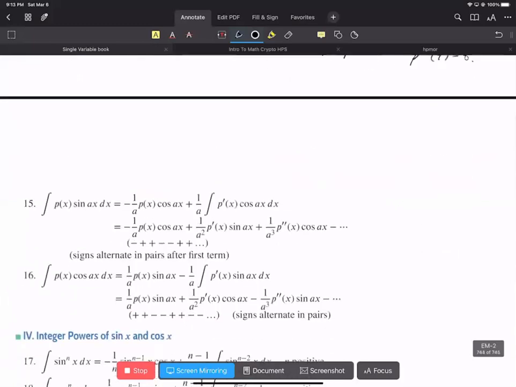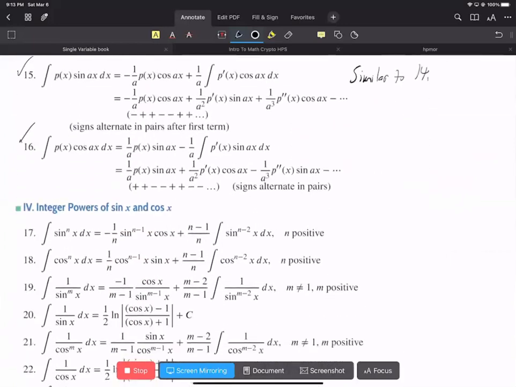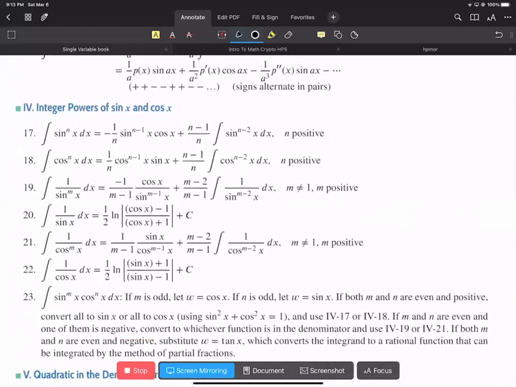These 15 and 16 are similar to 14. Now here's where we get some interesting stuff that's kind of different. I would like to do this one, like 17. This is also a by parts argument, actually similar to the weird one we did. I'll show an example of this, and then 18 will be similar.